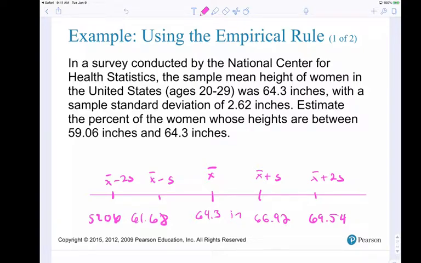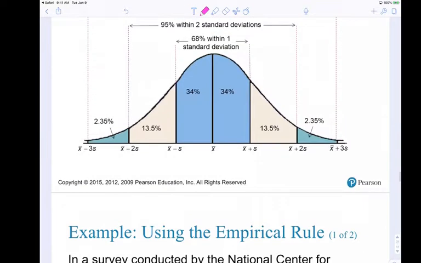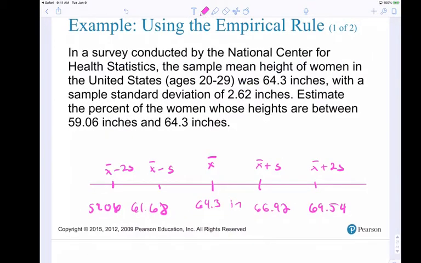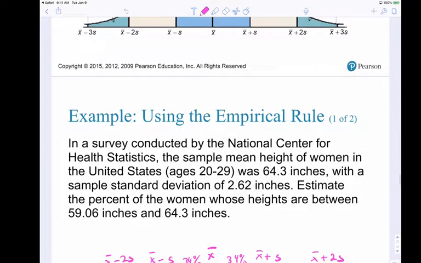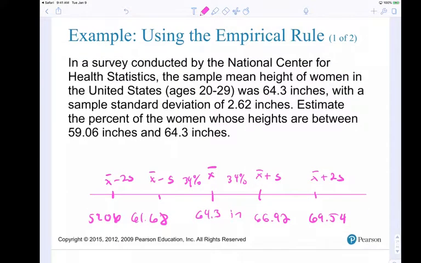It says estimate the percentage of women, and what we said that first standard deviation was what percent? Was it 17%? 34? Yeah, 34%. So it's 34% here, right? 34% here. Then 13.5, is that right? So this one is 13.5%.